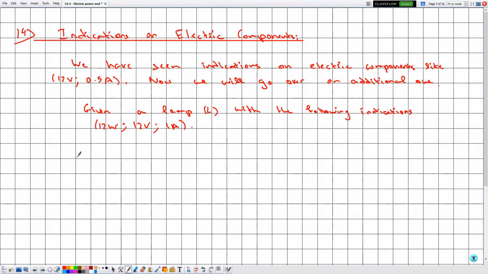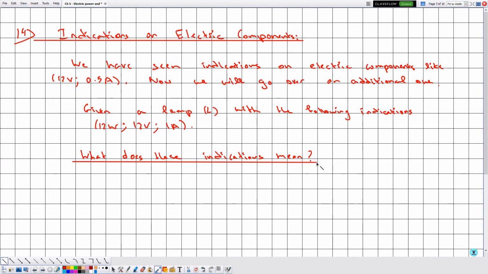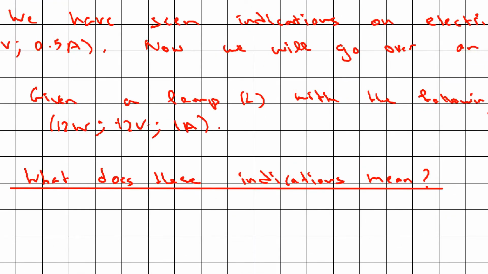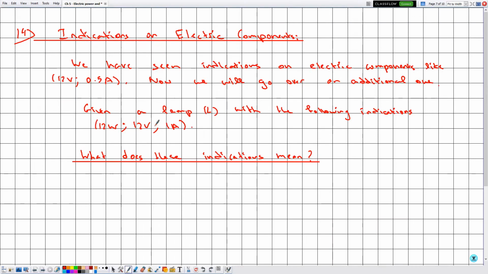And we are interested in the following question: what do the above indications mean? Now we have seen previously what is meant by 12 volts and 1 ampere. They are the rated voltage and rated current under which the lamp L functions normally.